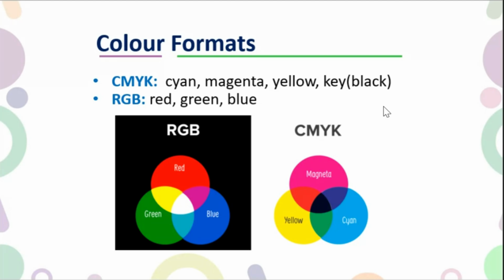And if you are designing it for a screen, let's say for a TV station, definitely they are going to display it, not print it. So you design it in RGB. If you are designing for maybe just a presentation, you have to do it in RGB.